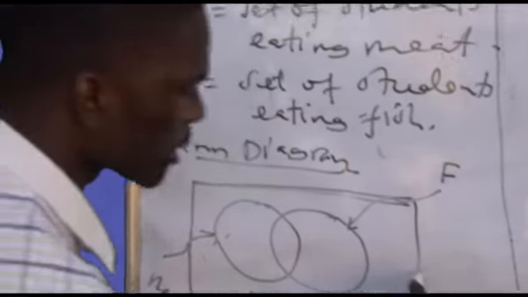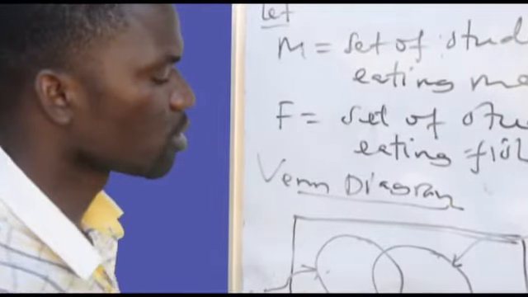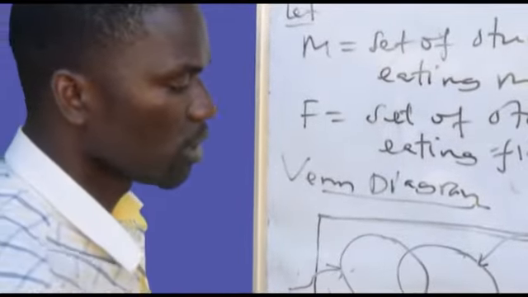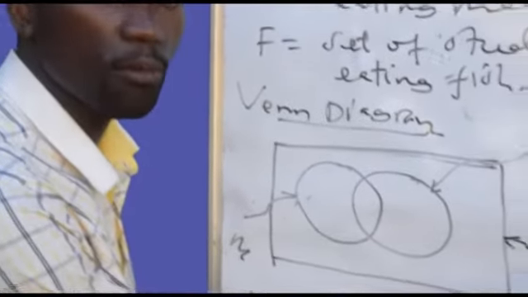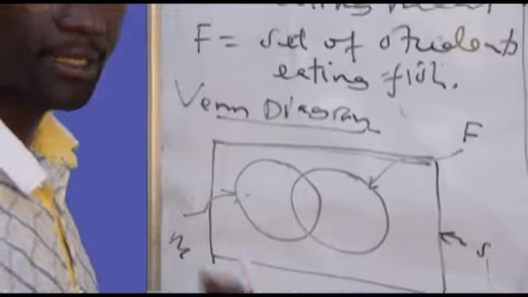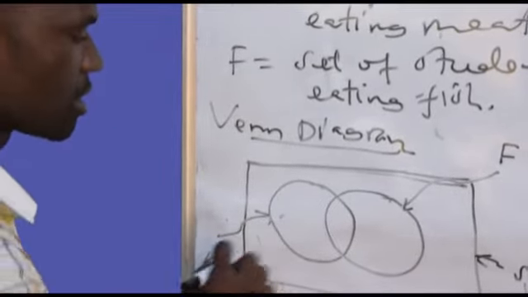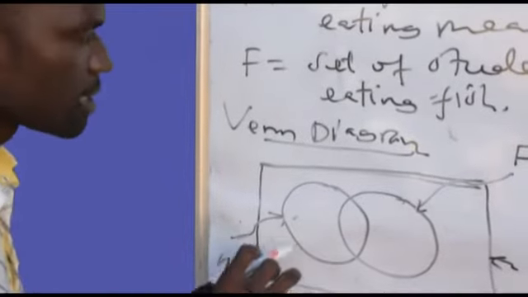So this rectangle is the sample space set. Because we are dealing with probability, don't use the symbol for universal set, use the symbol for sample space set. Now, how many members are found inside set M? How many members eat meat?